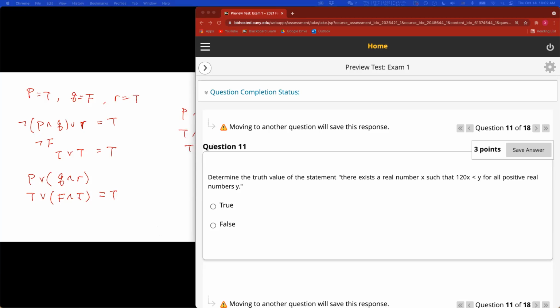Yes, x for all y. Again, your x is all real number, right? X is just a real number. So you want to find a real number x that will work for all positive real number y. Can you find a number that's smaller than all positive real number?